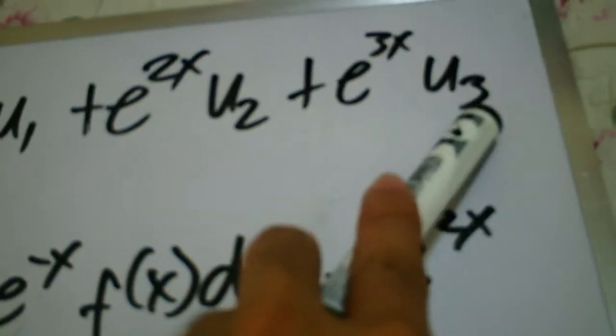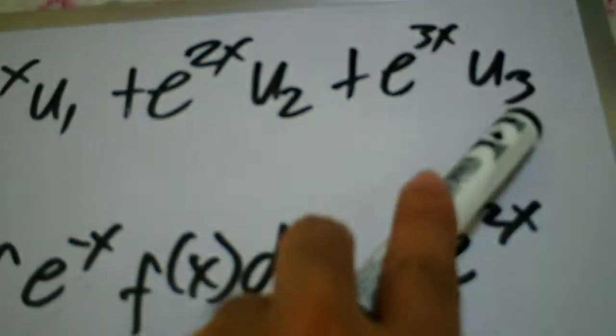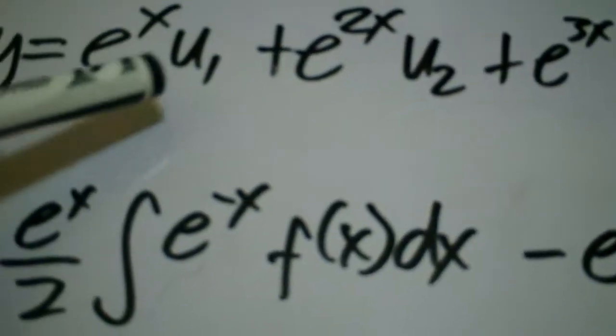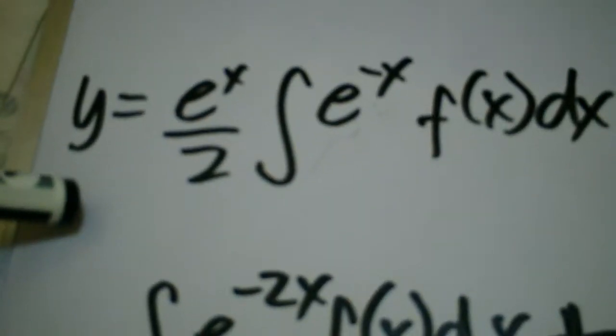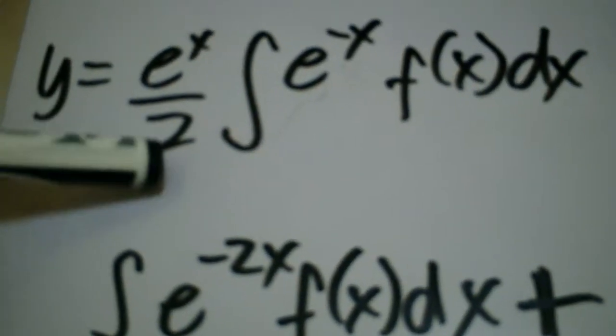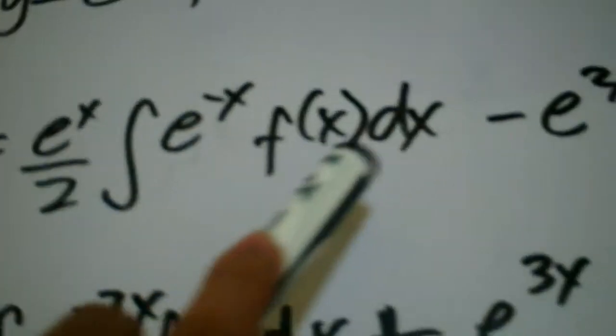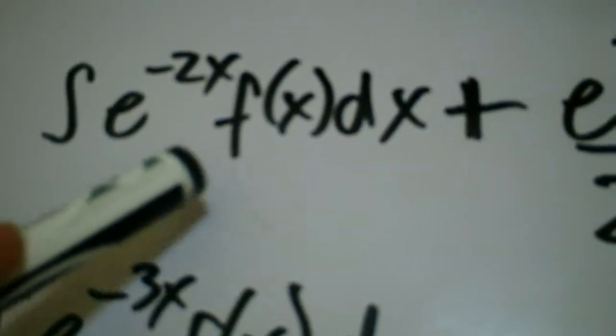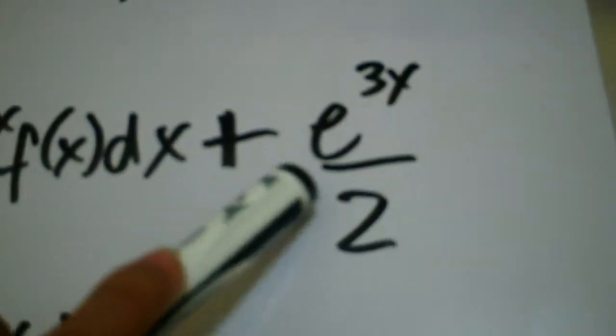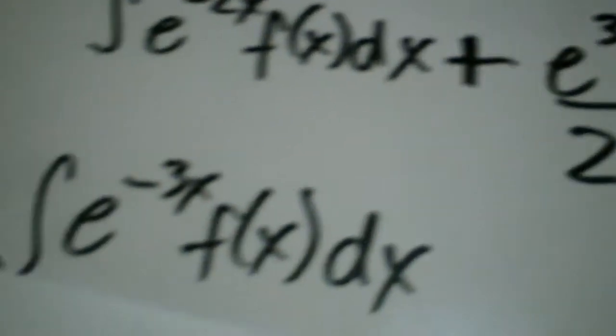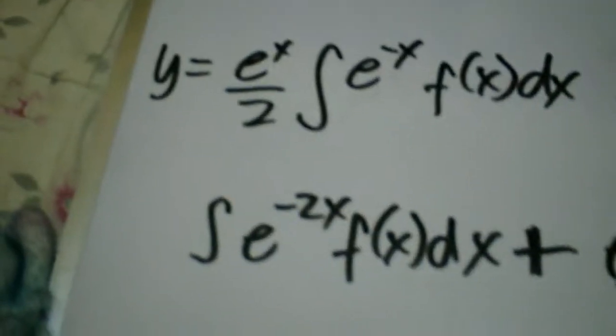We already have the values for u1, u2 and u3, so we substitute them. We will get y equals e to the x over 2 times the integral of e to the negative x f of x dx, minus e to the 2x times the integral of e to the negative 2x f of x dx, plus e to the 3x over 2 times the integral of e to the negative 3x f of x dx. So this is our final answer.